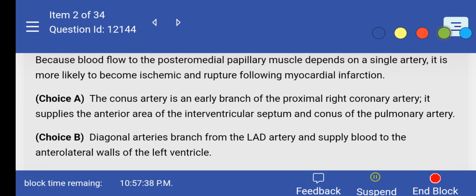Why not option A? Because the conus artery is an early branch of the proximal right coronary artery. It supplies the anterior area of the interventricular septum and the conus of the pulmonary artery. Why not option B? Diagonal arteries branch from the LAD and supply blood to the anterolateral walls of the left ventricle.